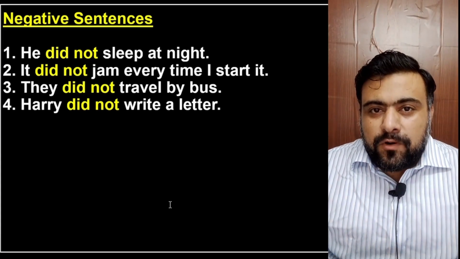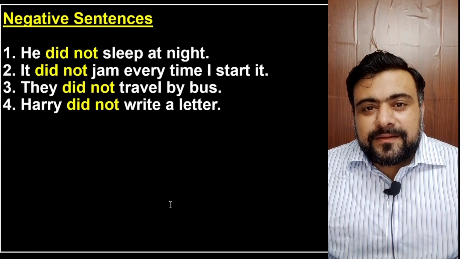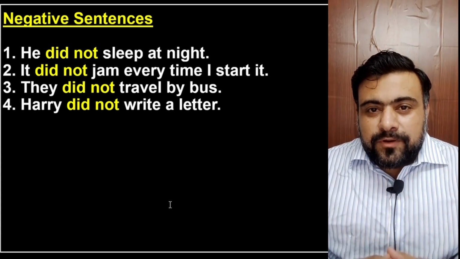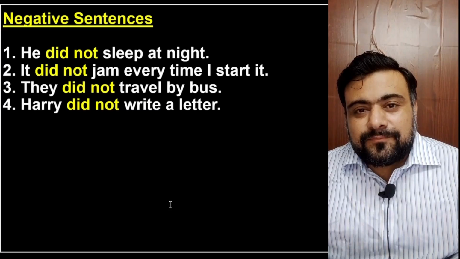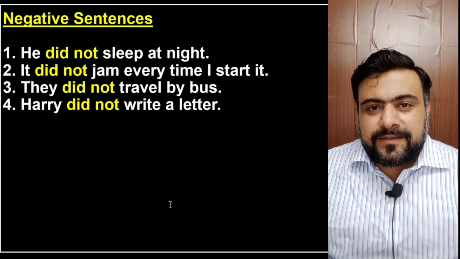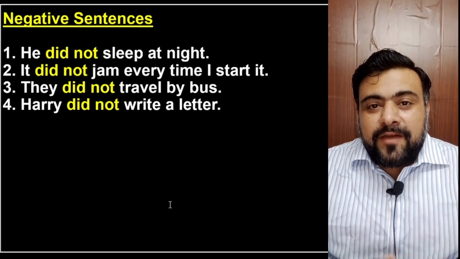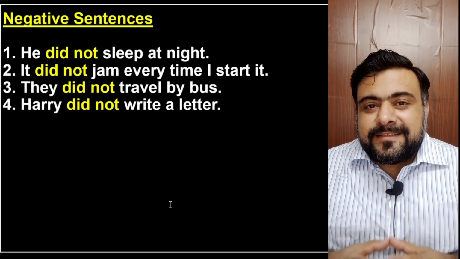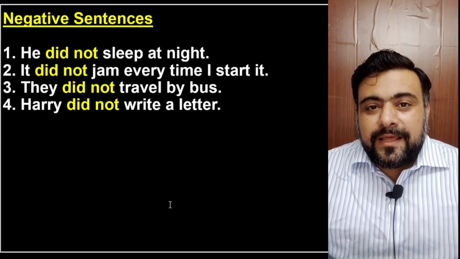The affirmative was without did not. He slept at night. But the negative is going to be he did not sleep at night. The affirmative is it jammed every time I started it. The negative will be it did not jam every time I started it. Jammed has been reverted back to its first form, jam.